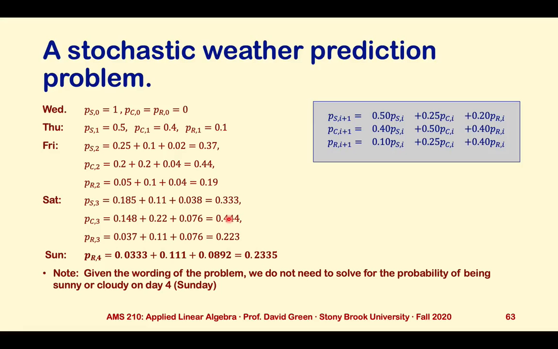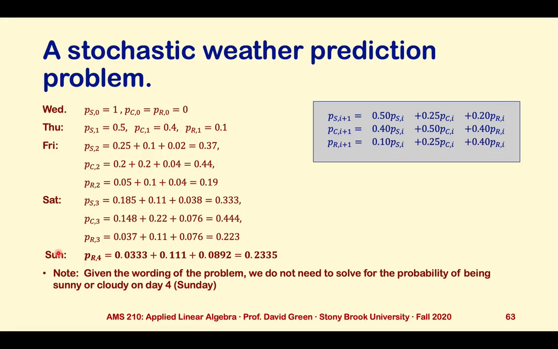We're now ready to look at the last problem, the last step. For Sunday, we can actually skip a little bit of work because the only thing we care about is being rainy. So I'm not going to bother calculating the probability of being sunny or cloudy.